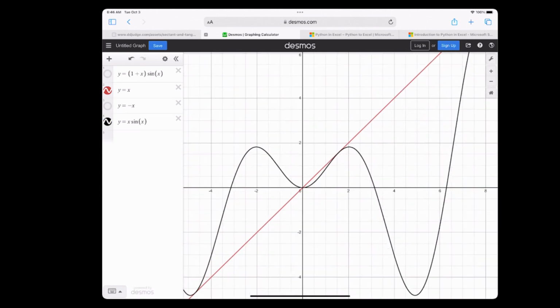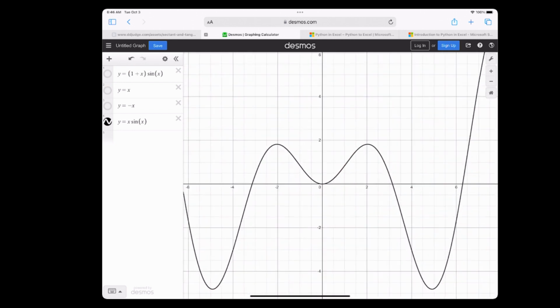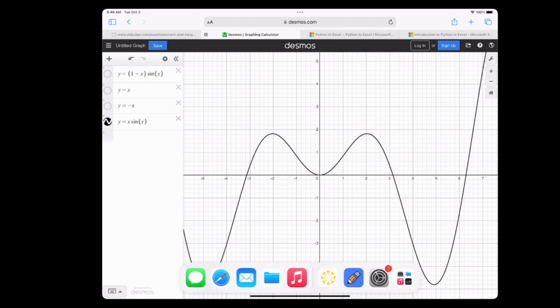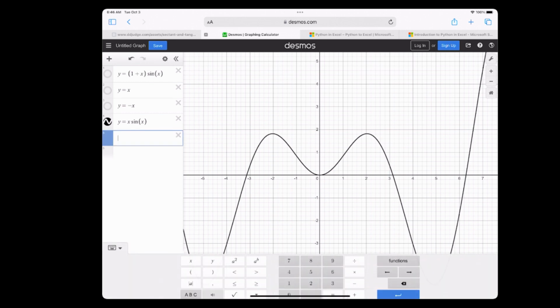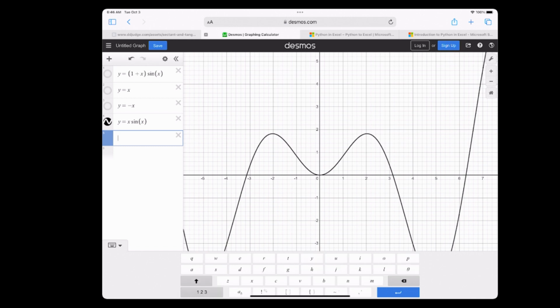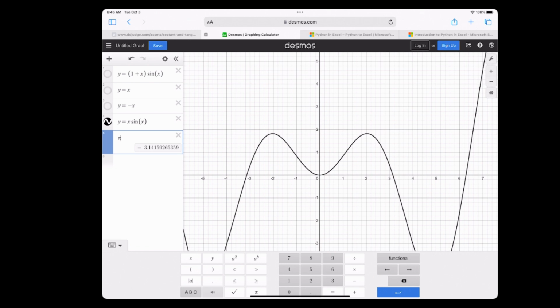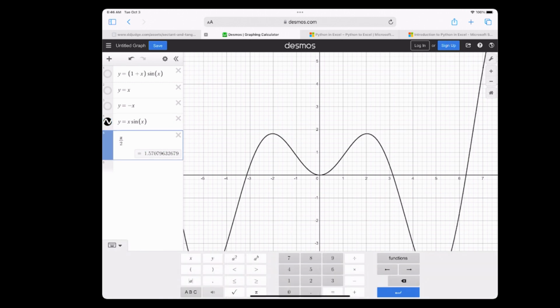And something's bothering me here. So here's sine x. And at pi over 2, 3 pi over 2 here. So here's pi divided by 2. Pi over 2 is about 1.5.